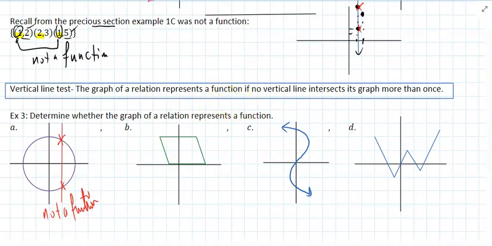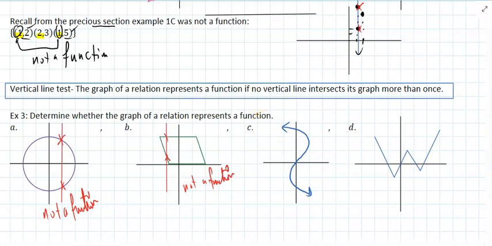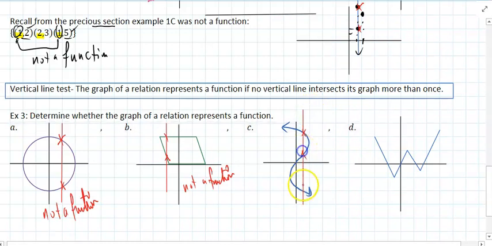And even though some places you might find that this satisfies the vertical line test, you're looking for one exception, not a function. And if I draw a vertical line right there at x equals 1, it seems to have 3 values. This is not a function.